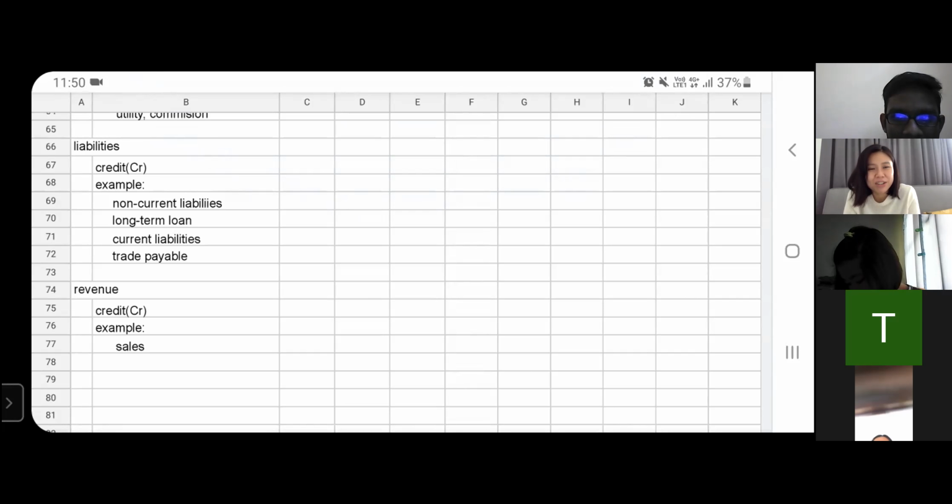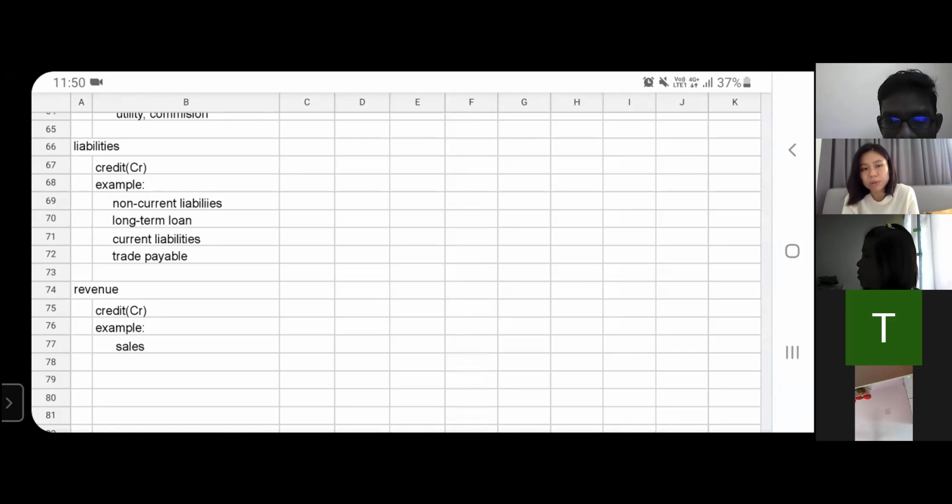What Jumbo is trying to say is that revenue is what you get from your main business when you sell the product. Your primary business, where you get profit, the money you get from it is called revenue, selling.